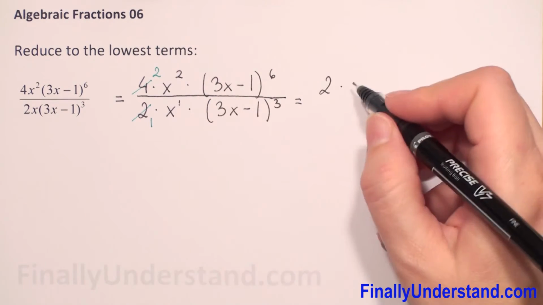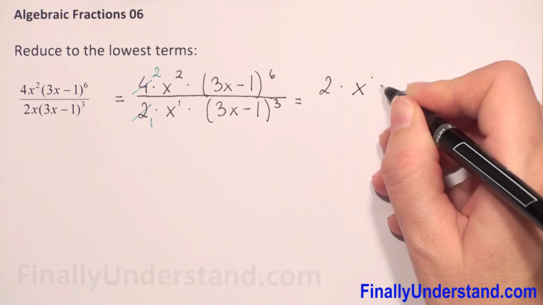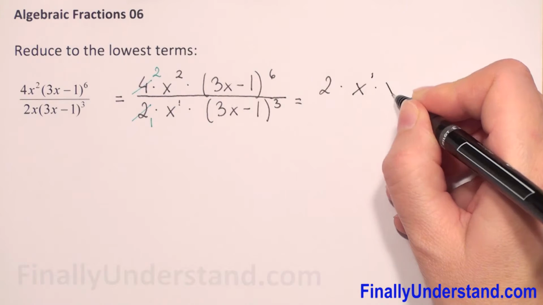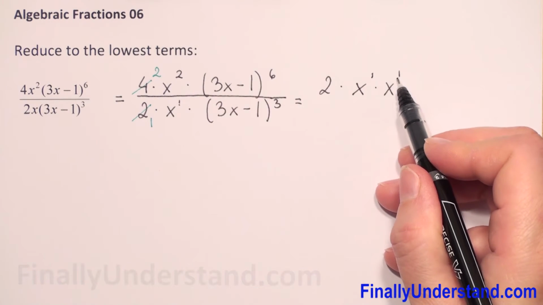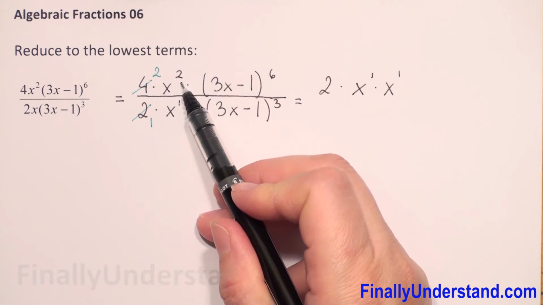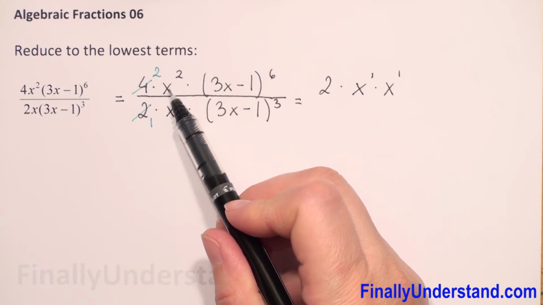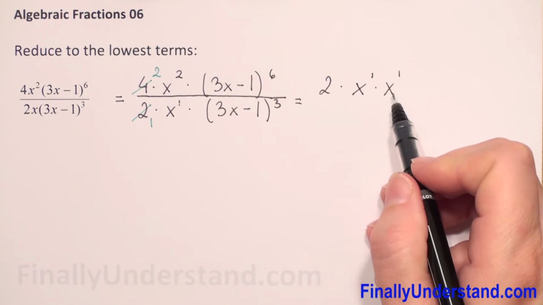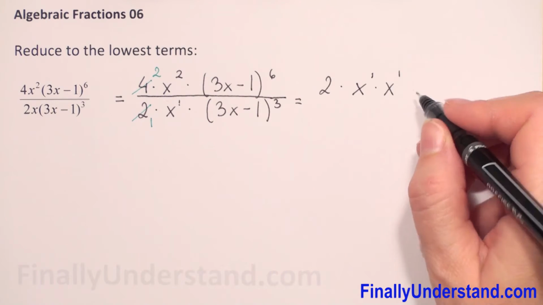So I will rewrite x to the 2nd power, but this is x to the 1st power times x to the 1st power. When we have the same base, we just add exponents. 1 plus 1 is 2. So I still have the same expression which I had at the beginning. I have only x squared, and here I have x times x is x squared. So I didn't change anything.